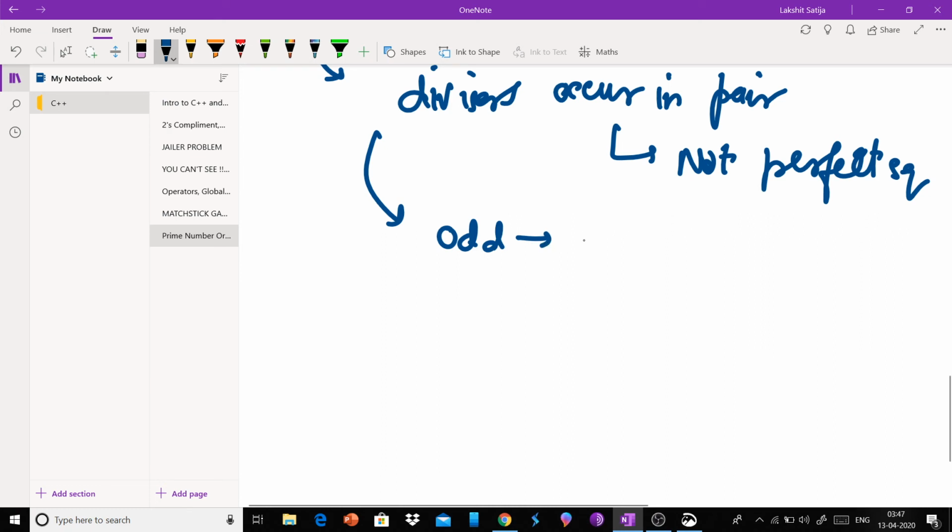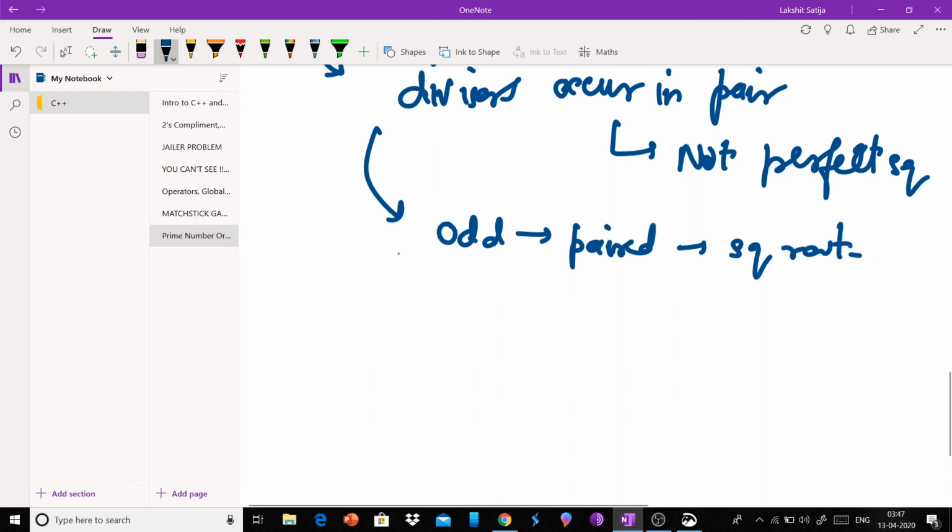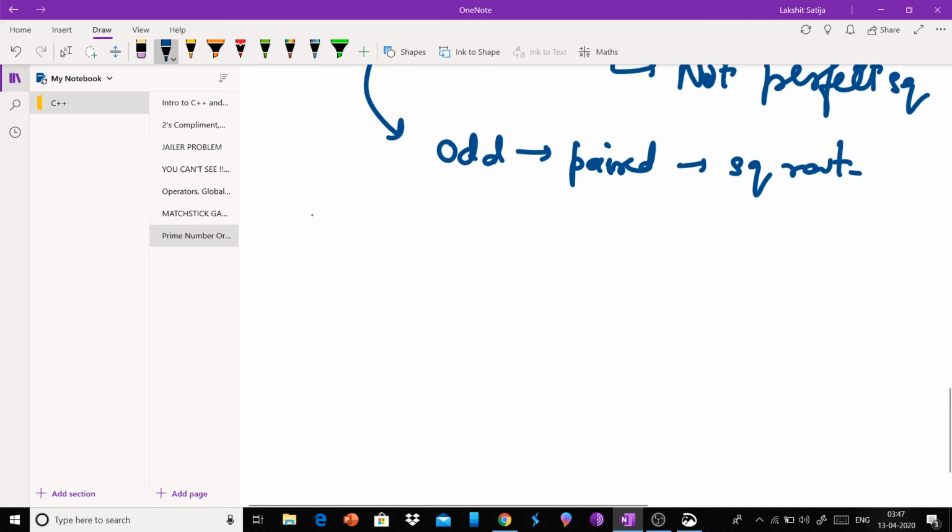Only one number is not in paired form, which is its square root, right? Let me just explain it in short form. Like for 7, the divisors are 1, 7, and 1, 7, only 2, right?